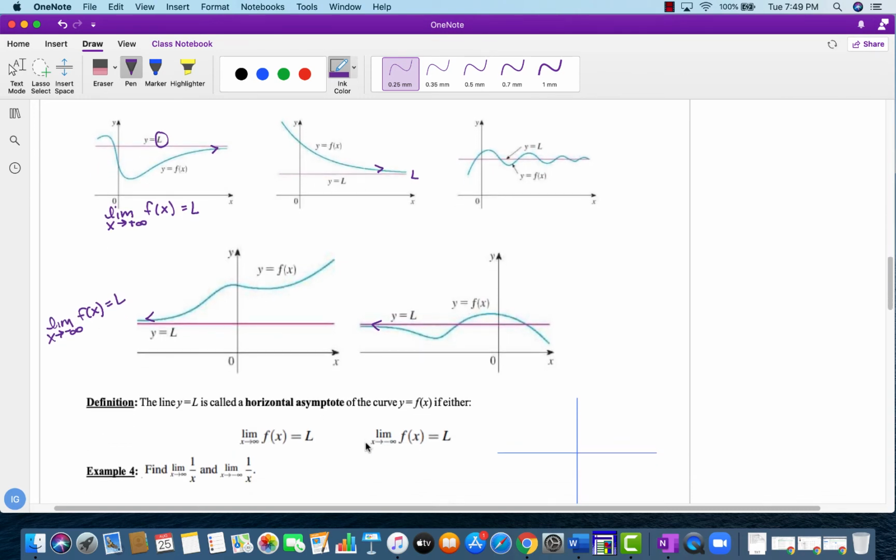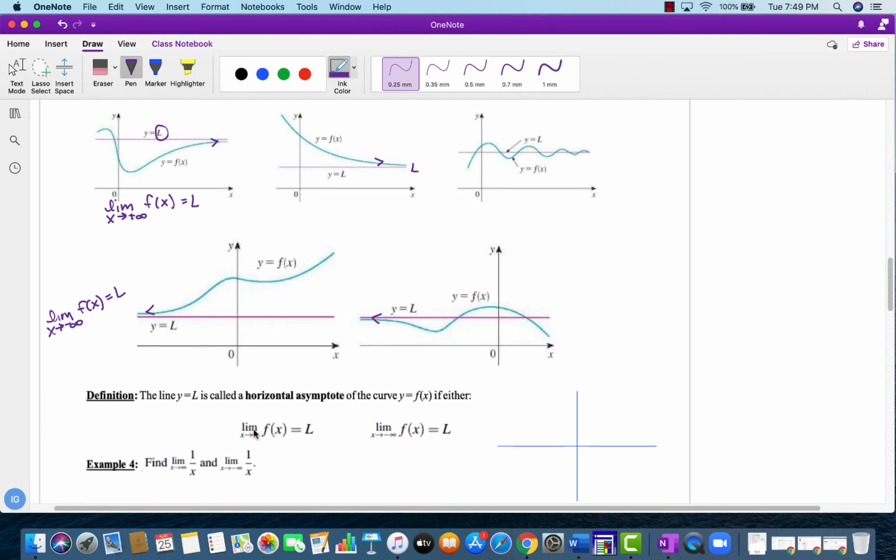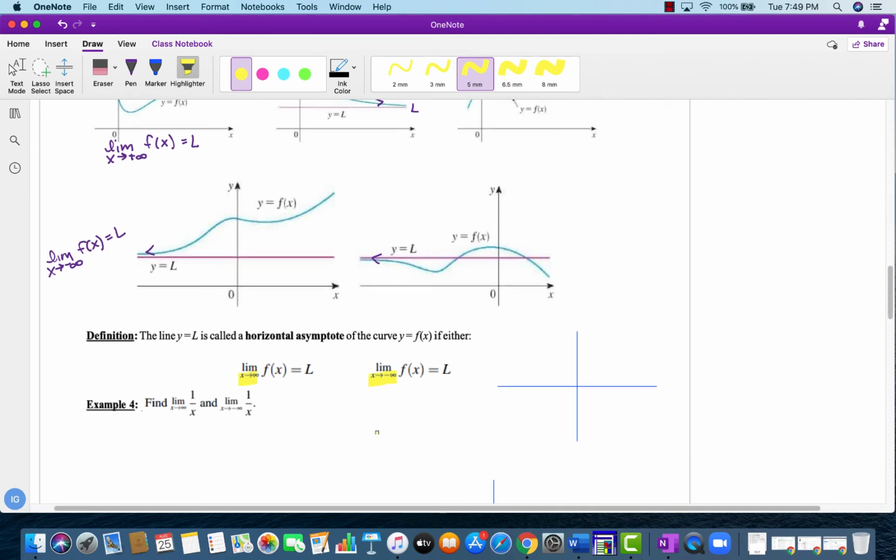All right, so what does that mean? Line L is called a horizontal asymptote of the curve y equals f of x if either one of these cases happens. So the key here that you have to be careful and keep an eye on is that this is only going to happen when x is approaching positive infinity or negative infinity. Basically, your limit is going to be whatever your horizontal asymptote is, okay?